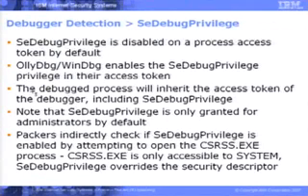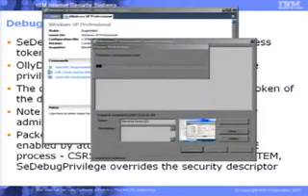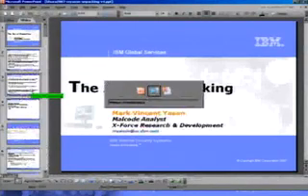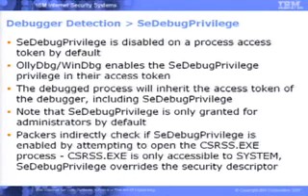Another debugger detection technique used by packers is via the SeDebugPrivilege. By default, the SeDebugPrivilege is disabled in a process access token. OllyDbg and WinDbg try to enable the SeDebugPrivilege in their access token. So the debugged process will inherit this access token, including the SeDebugPrivilege.